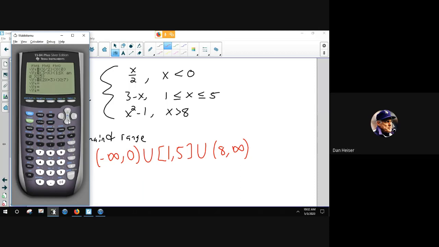And then the bottom part says x squared minus 1. And change this to strictly greater than 8. Okay. I have all my pieces here. Let's graph it.